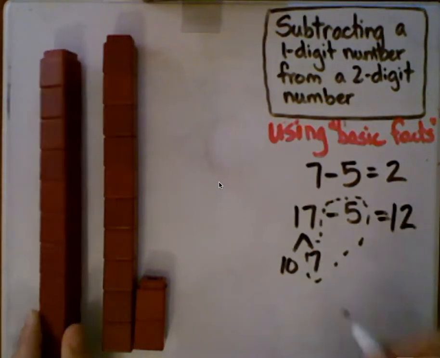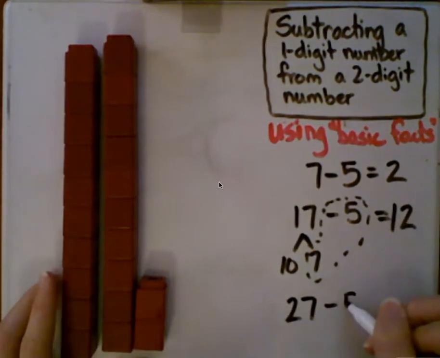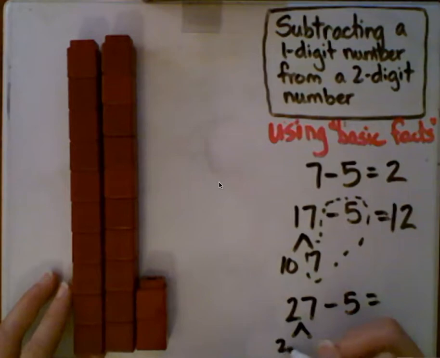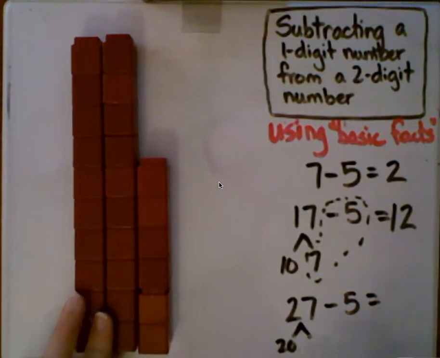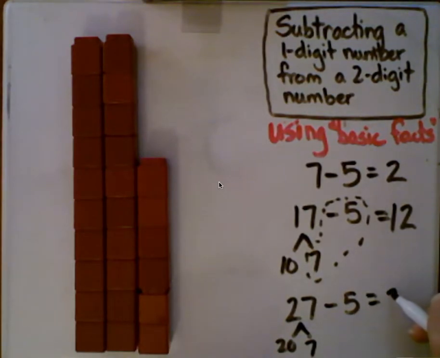The same would hold true, obviously, for 27 minus 5, where students don't touch that 20 at all. They're able to take 5 from 7 and be left with 22.